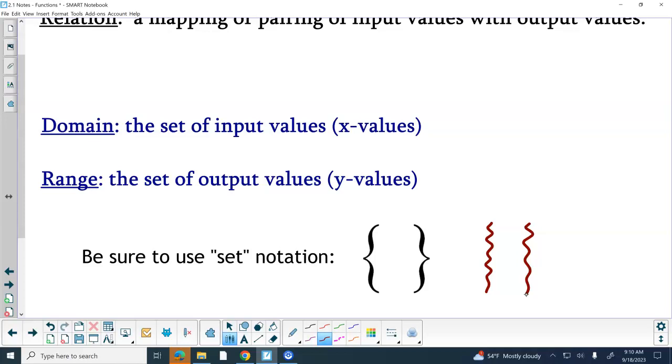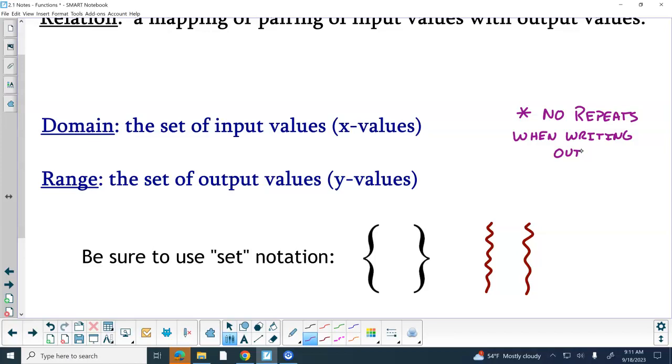Okay? One thing that I will say about both the domain and the range is that we don't repeat any values if we are writing it out.